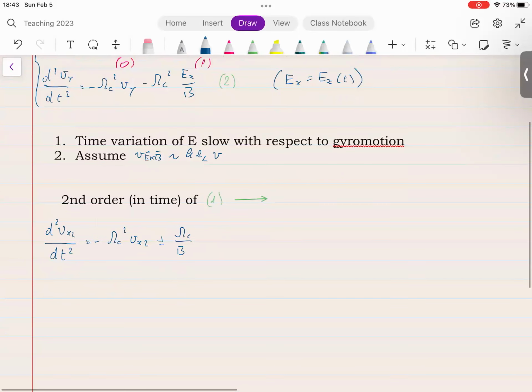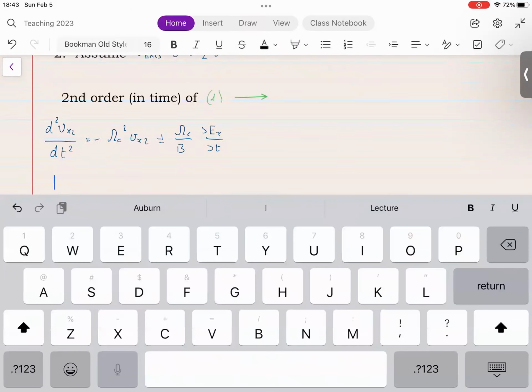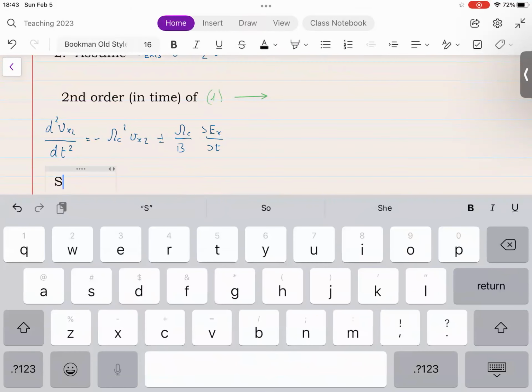Yes, okay. Now, this is an equation that I need to solve for, obviously, the velocity.